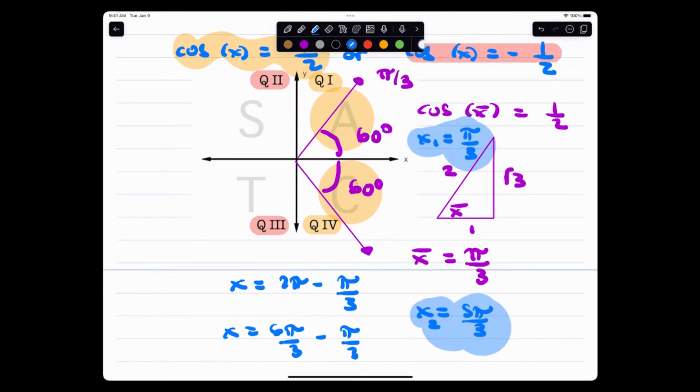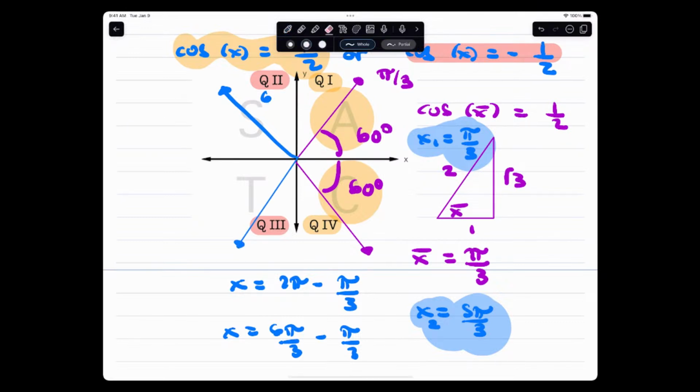So you're solving the trig equation. What about in red? You say, what about these other solutions? Well, that's 60 degrees. So cosine's negative. 60 degrees. This is cosine's negative. Is that right?